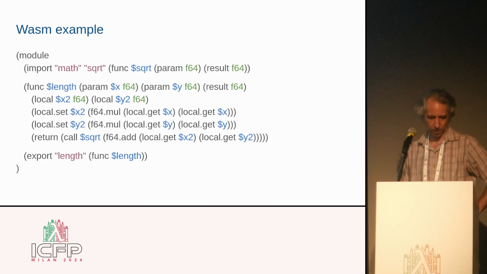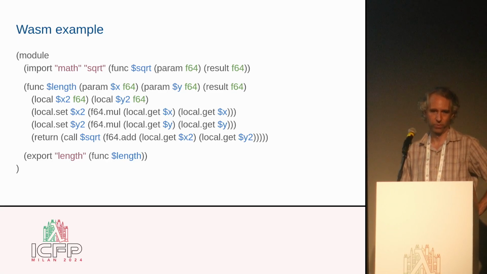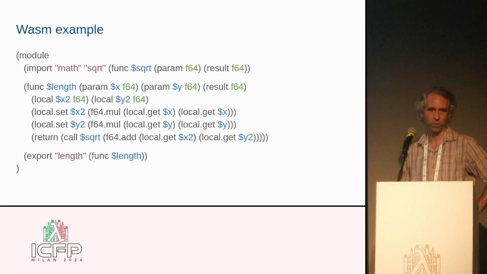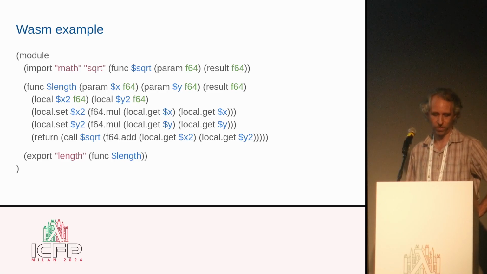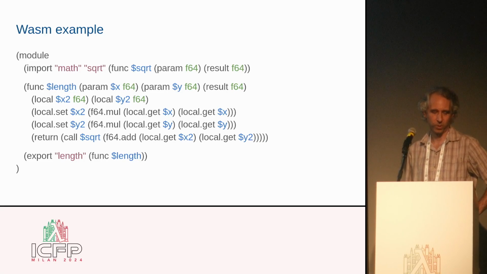And then it defines the function length that takes two parameters x and y, which are floats, and returns a float. This function stores the square of x and y into two variables, and then returns the square root of the sum of the variables. And this function is exported by the module.